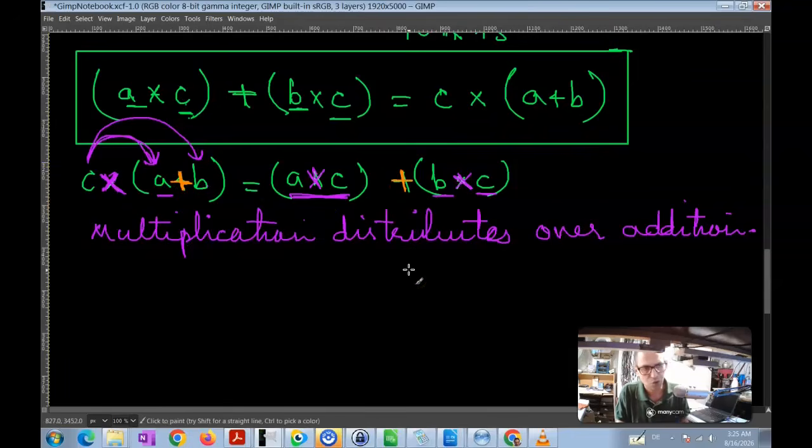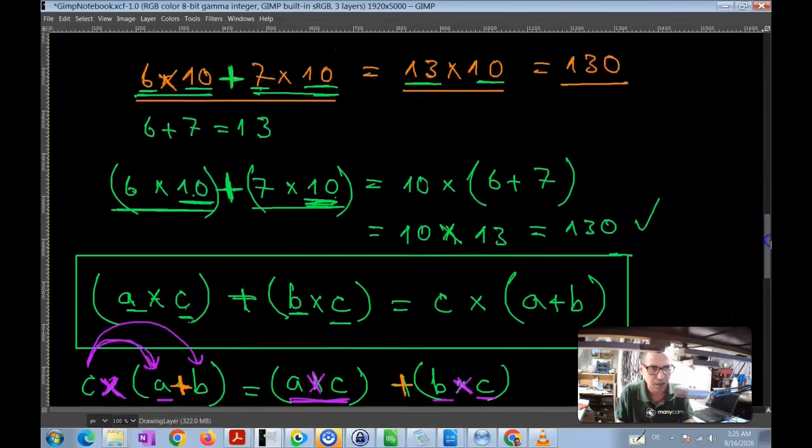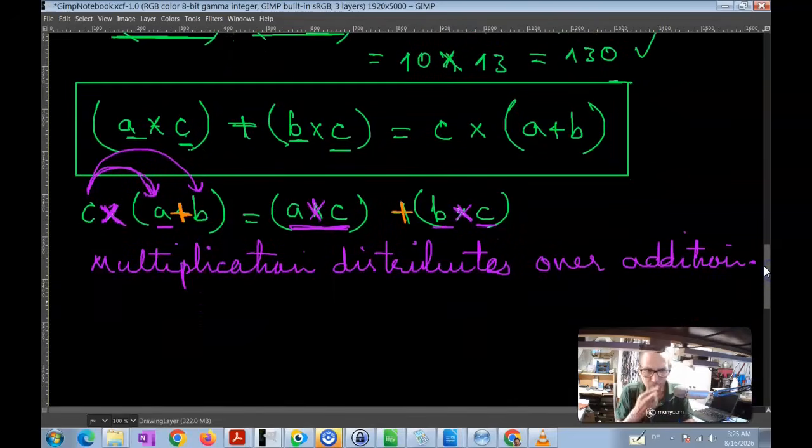Okay, so then what this means, and then there is of course another rule, that we say multiplication distributes even over subtraction, which I will show you in just a few moments. Okay, so then in algebra now we have a couple of interesting things.